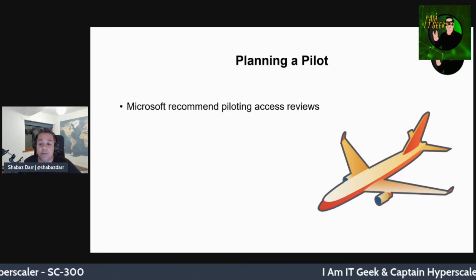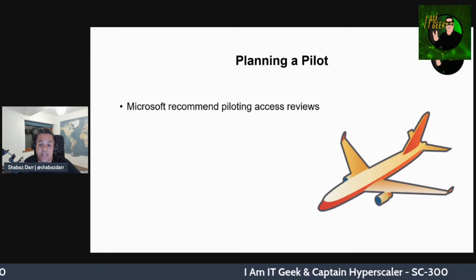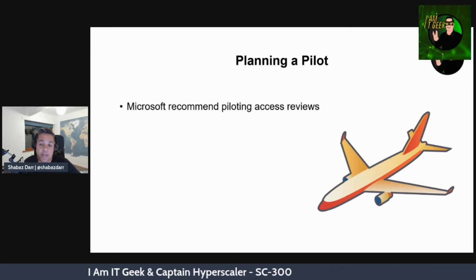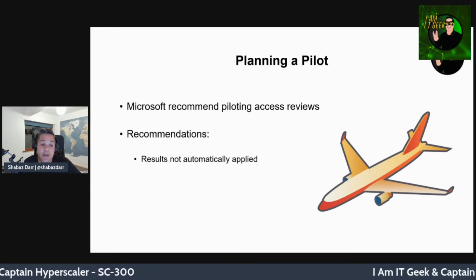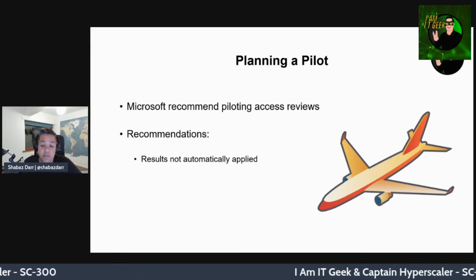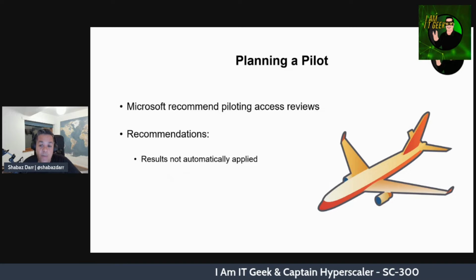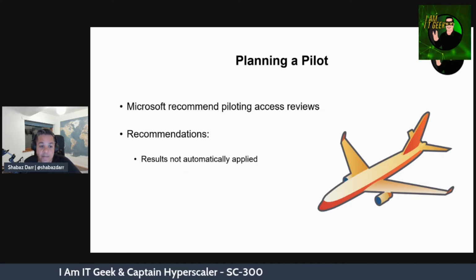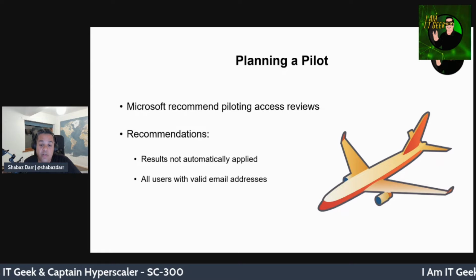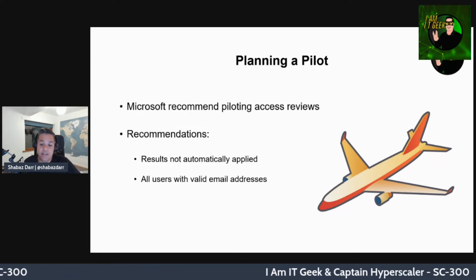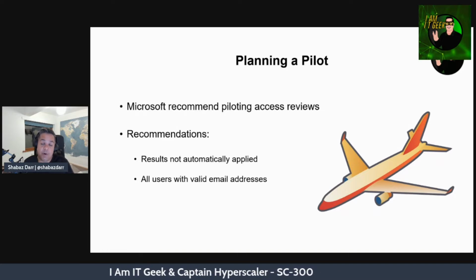Piloting can help you adjust processes and communications as needed, and increase users' and reviewers' ability to meet security and compliance requirements. Some recommendations around a pilot are: start with reviews where the results are not automatically applied, so you can control the implications. Ensure that all users have valid email addresses listed in Azure AD, so that when they receive email communication, they can take appropriate action.